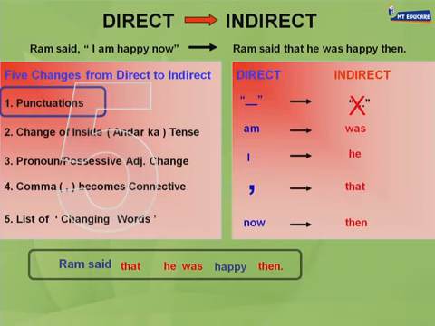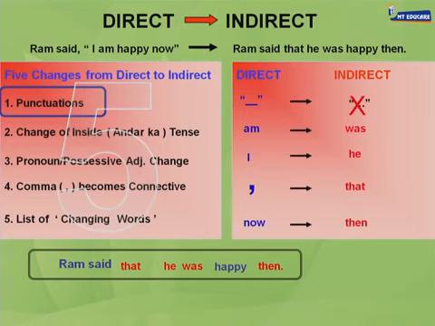Right. Change number 2, change of andar ka tense, change of the inside tense, change of the tense which is inside the quotation marks. As you can see, I am happy now became he was happy now. Present tense became past tense. Change number 3, the pronoun or the possessive adjective change.